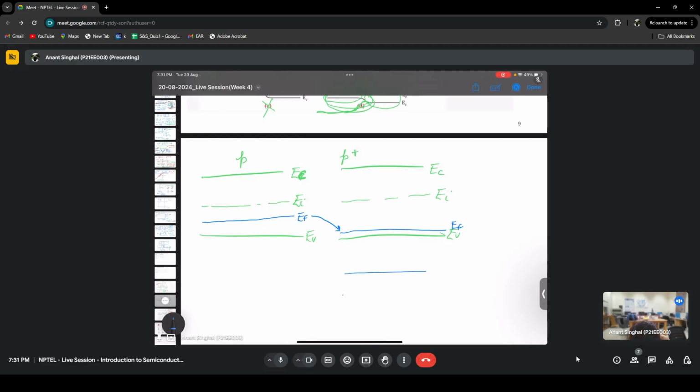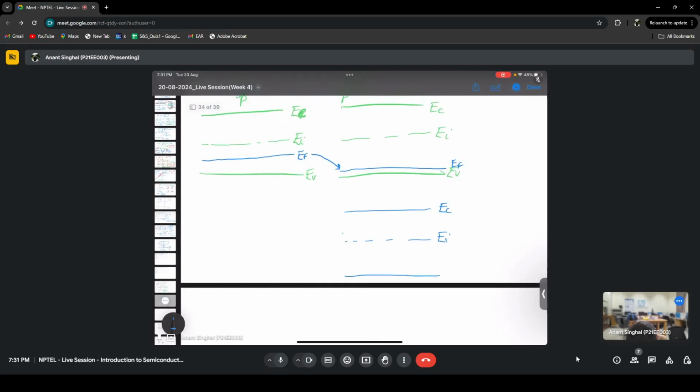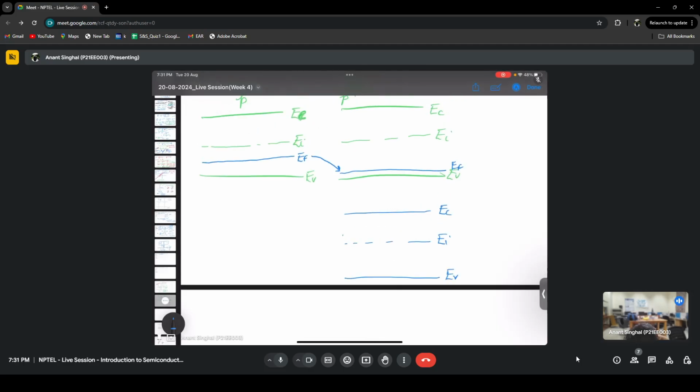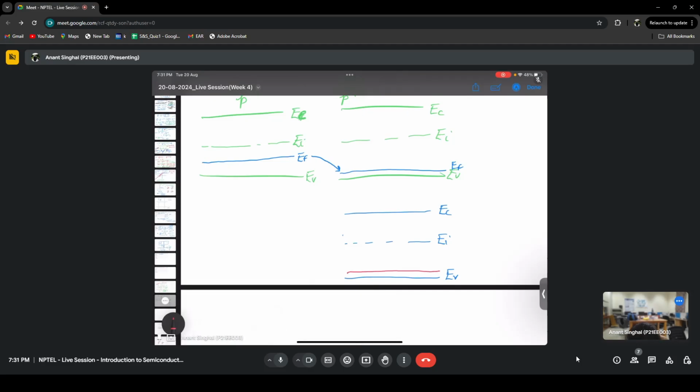The right hand side, I'm making it again. This is EC, this is EI, and this is EV, and we have a Fermi level here, something like this. Sorry, let me rewrite.